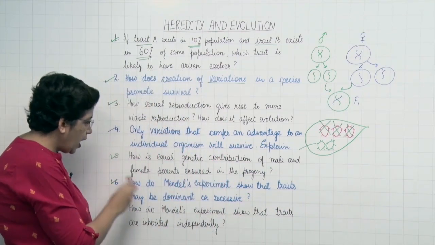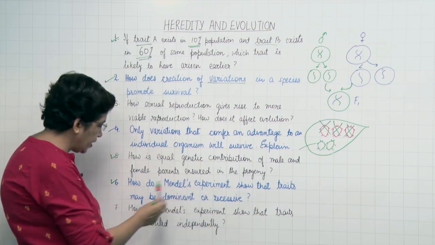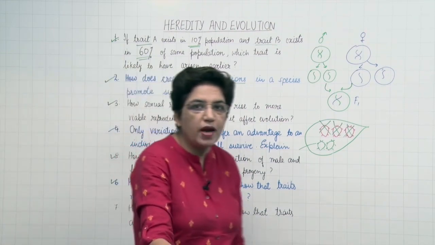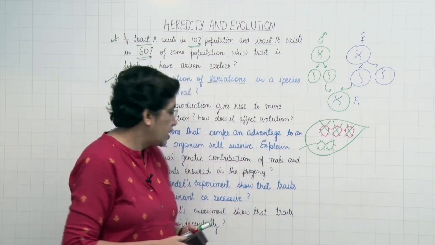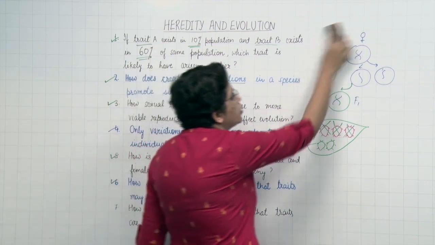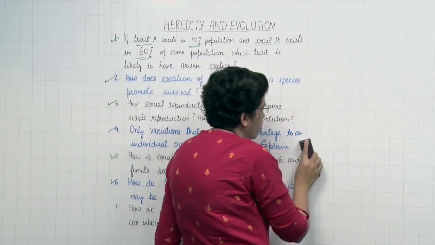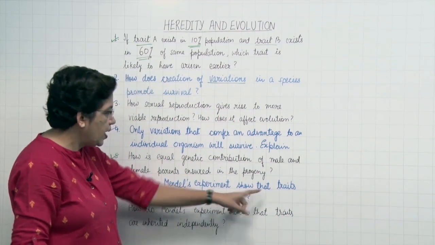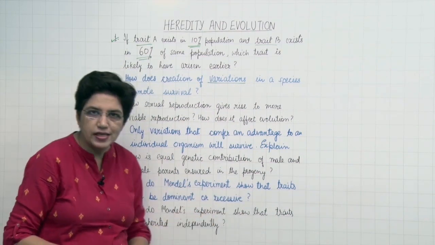Next question, how do Mendel's experiments show that traits may be dominant or recessive? So if you have seen my video, I told you Mendel performed two kinds of experiments. First was the monohybrid and second was dihybrid. So how did he show that traits may be dominant or recessive?